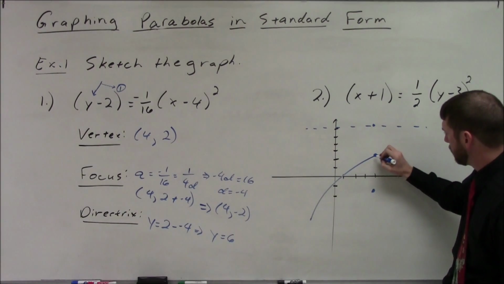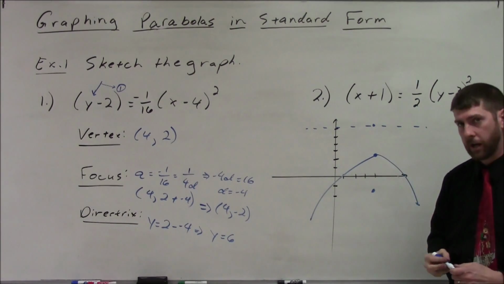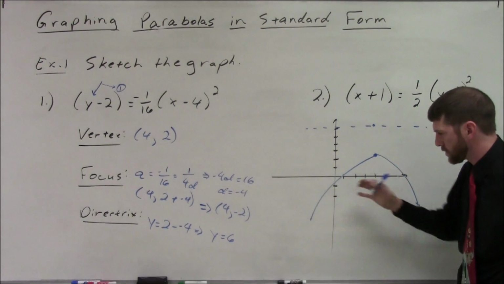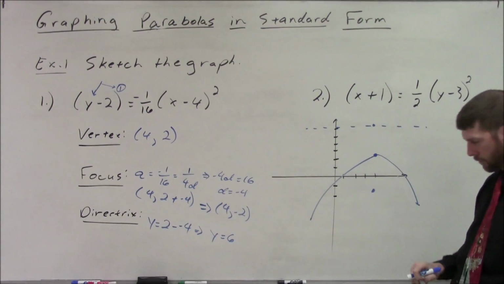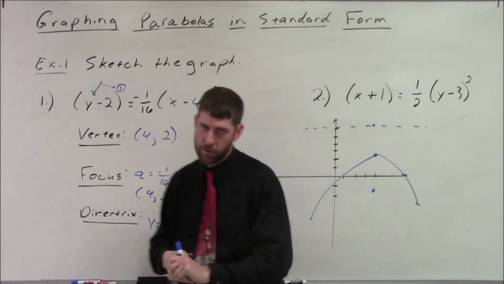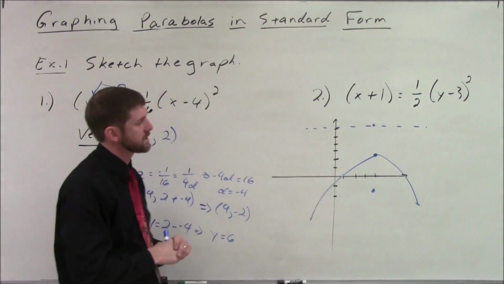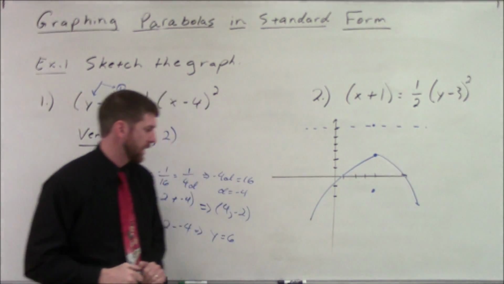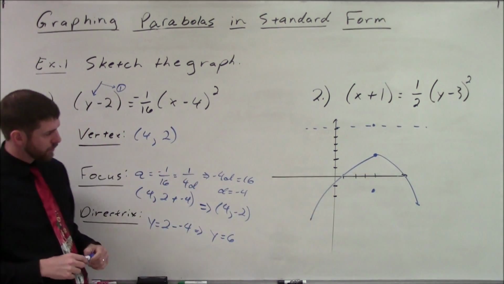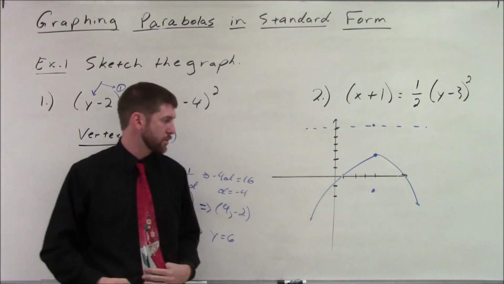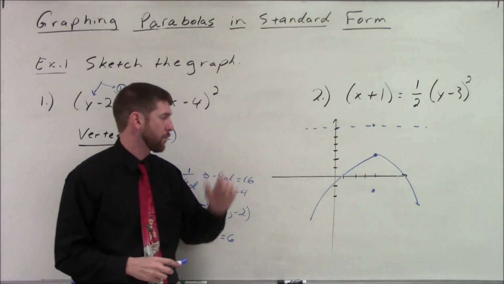I just want you to be able to identify and get it going in the right direction, and not so much worry about exactly how wide it is. You've given pretty good indicators if you got that. So we got a vertex, our focus, our directrix, and we were able to put it all together to make a parabola.